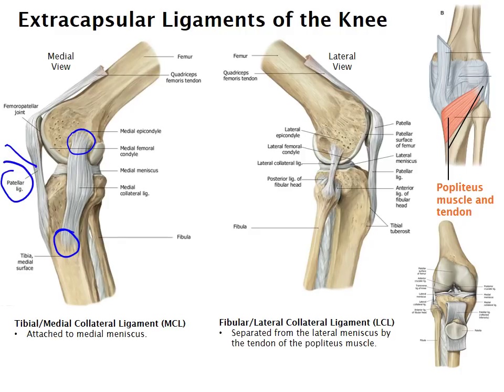At its midpoint, its deep fibers are firmly attached to the medial meniscus, seen here in the bottom right picture. Functionally, the MCL prevents excessive abduction of the leg at the knee joint.